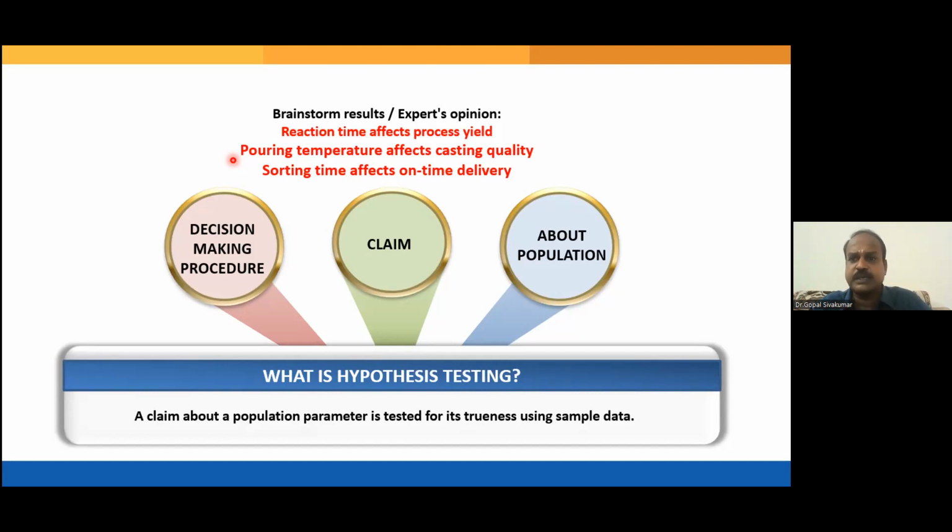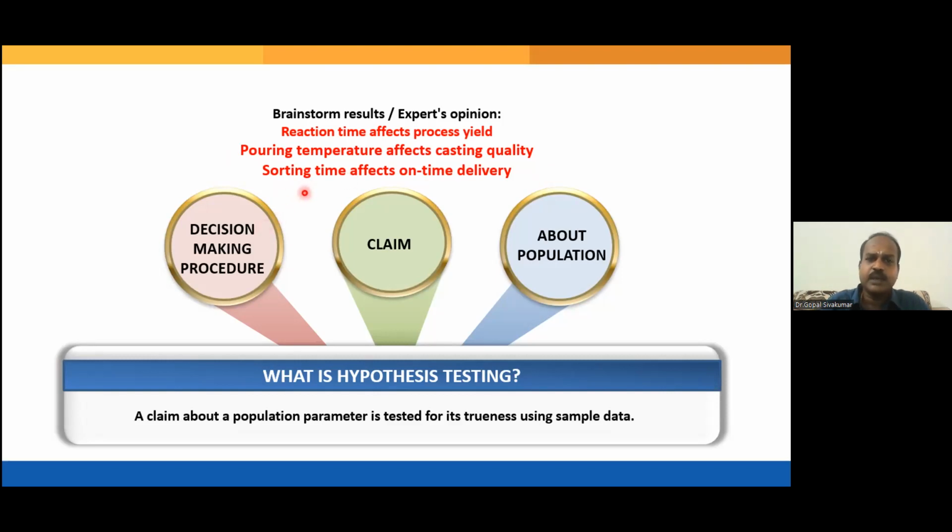So we'll do an experimental study, prove it, and convince everybody that pouring temperature has to be modified. Hereafter, don't run the casting process in this manner. Change the pouring temperature from 700 to 723 degrees Celsius. That additional 23 degrees Celsius will considerably reduce your defect issues.